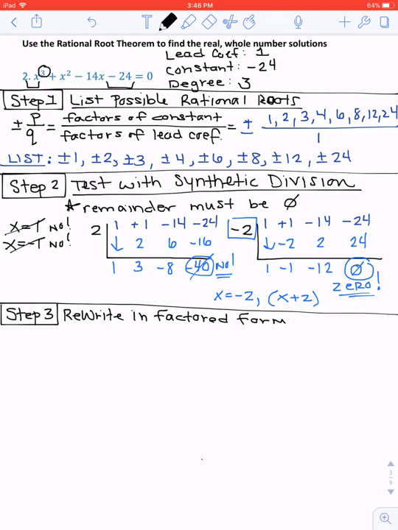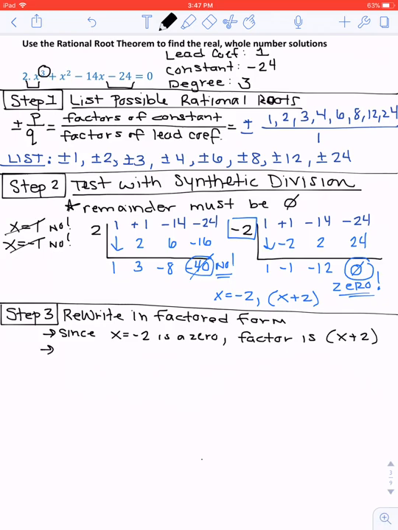So we need to use our information to rewrite in factored form. Since x equaling negative 2 is a 0, our factor is x plus 2.